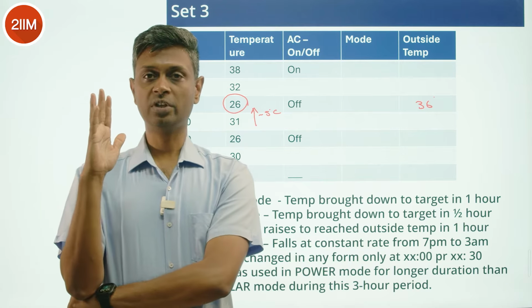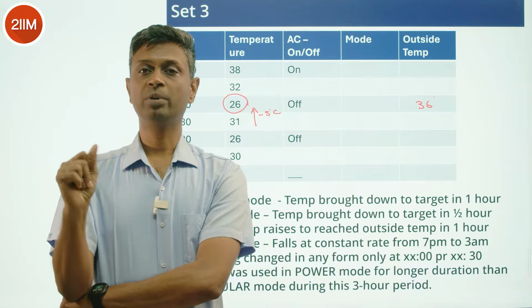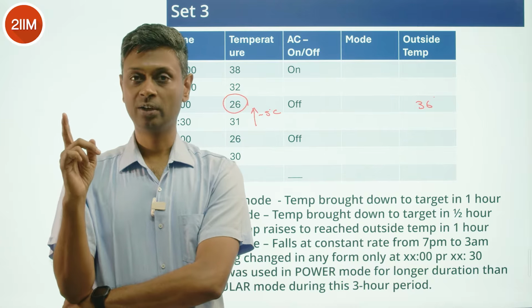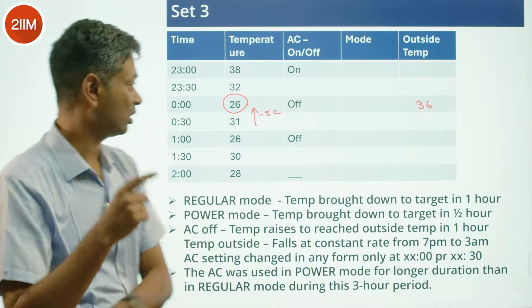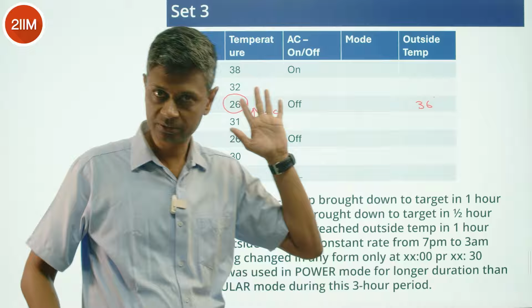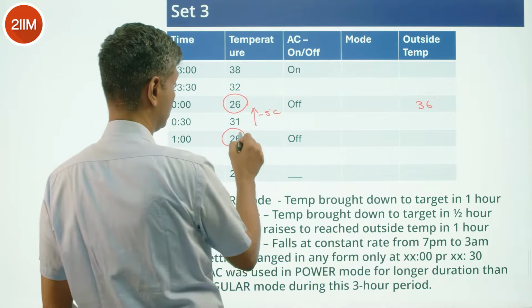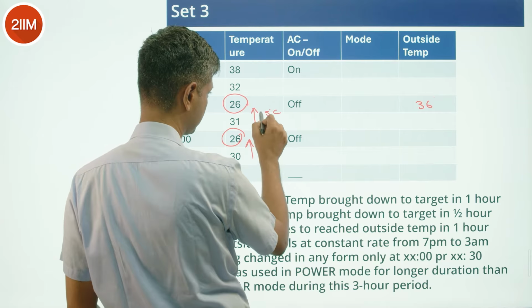When it is switched off, it says, what is my difference between current temperature and outside temperature? I want to bridge that gap in 1 hour. It is bridging 10 degrees in 1 hour, or the gap should have been 10 degrees Celsius, or the external temperature at 12 o'clock should have been 36. Nice, beautiful. The same funda we can apply here. From here to here, it increases by 4 degrees Celsius.